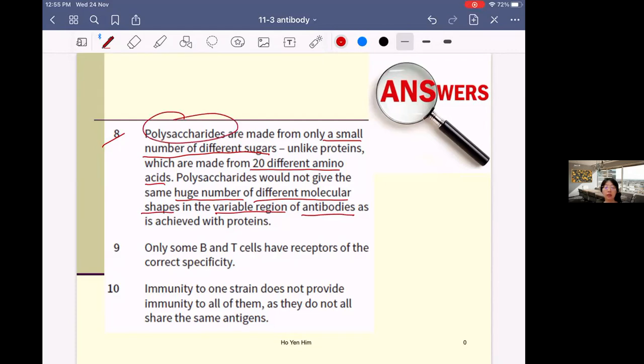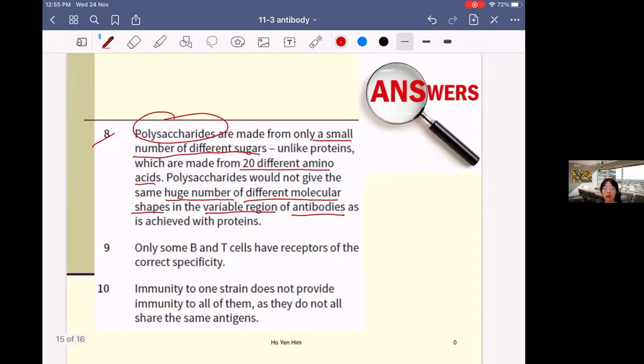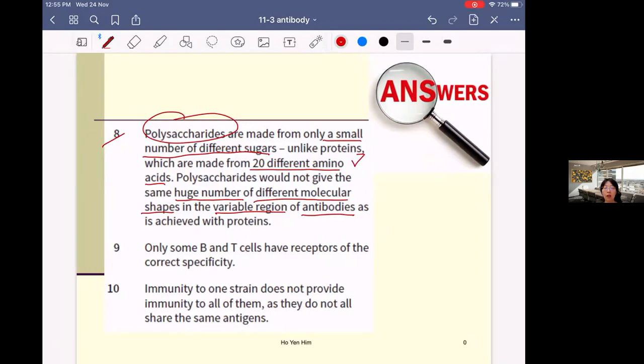So you see the answers are very specific. The keyword that they will give marks for is that you need to state there are 20 different types of amino acids that are possible, but a smaller number in the polysaccharide chain. Therefore, it will give a huge number of different shapes of variable regions.